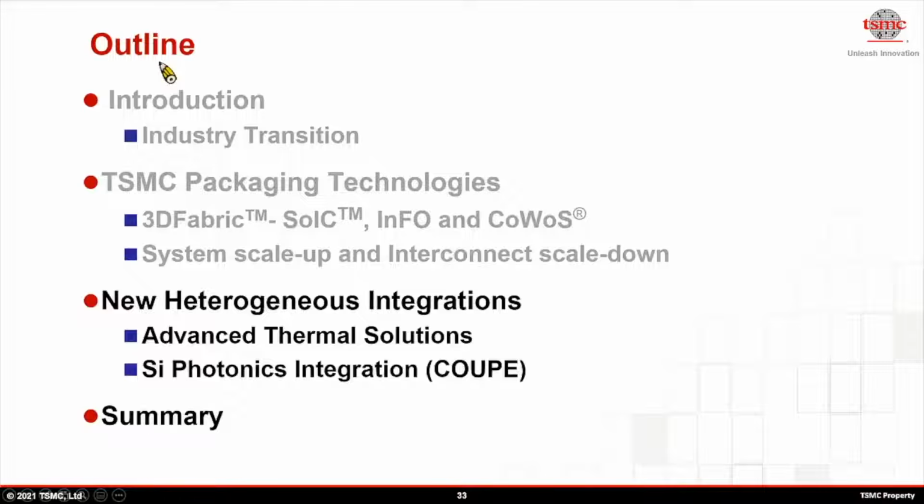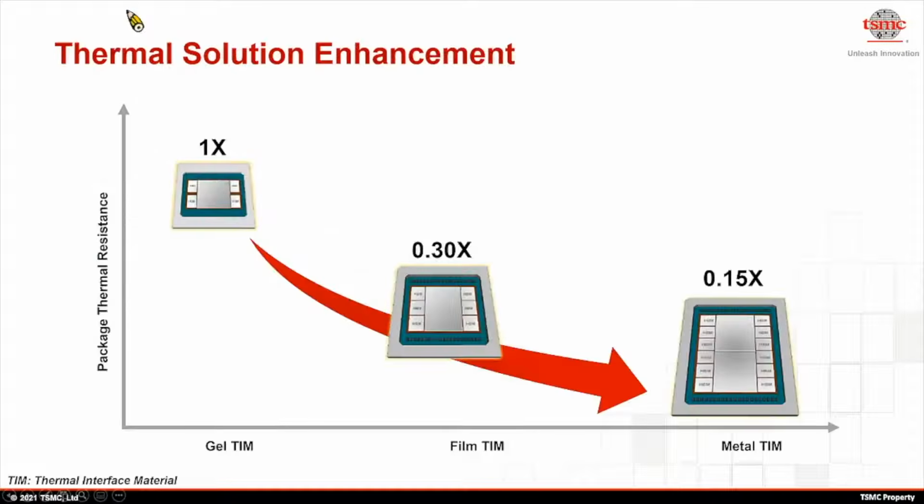Next, we will discuss some of the new applications provided by leveraging 3D Fabric platform to enable innovative solutions to address new challenges such as thermal wall solution and the silicon photonics integration. This slide shows conventional thermal solution migration paths.